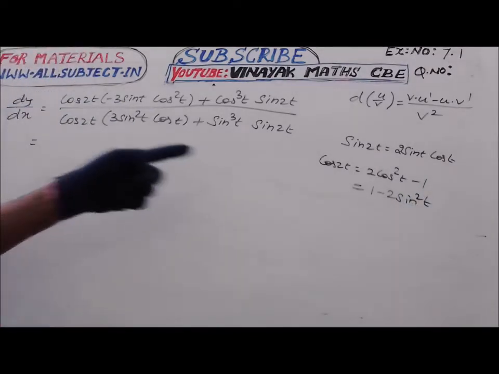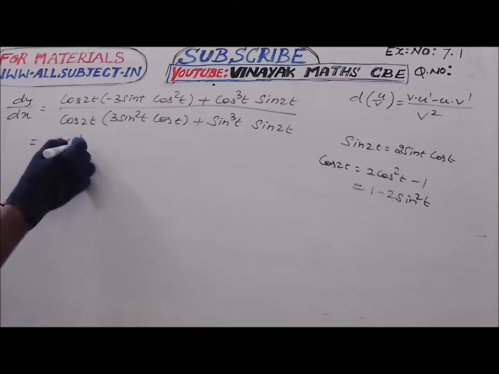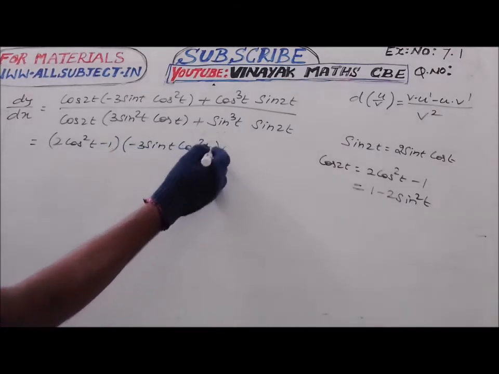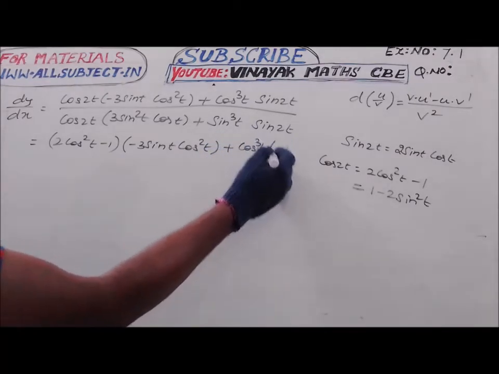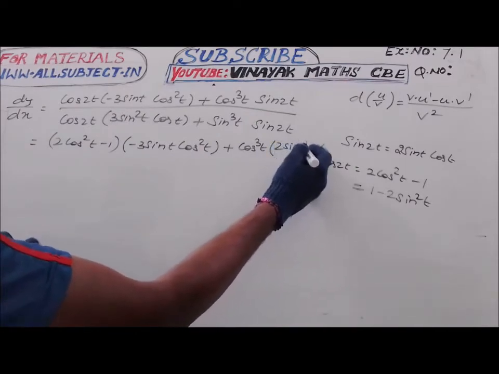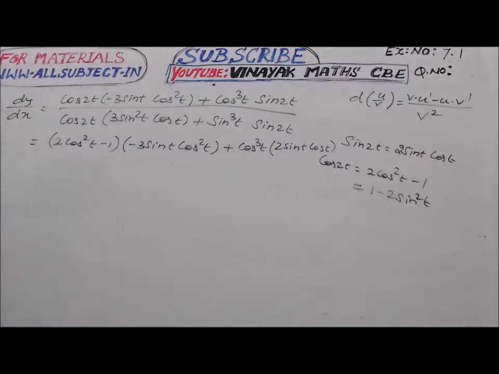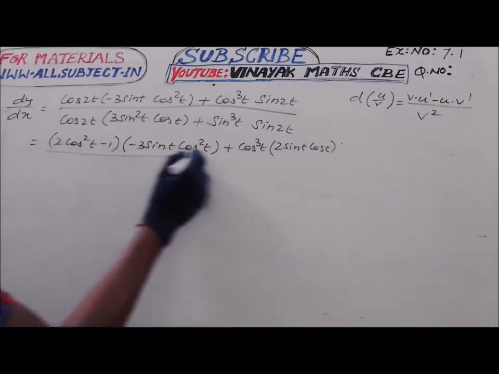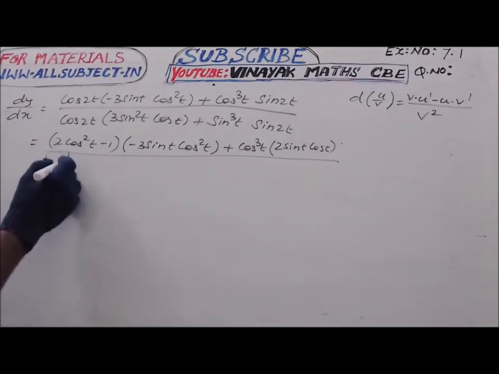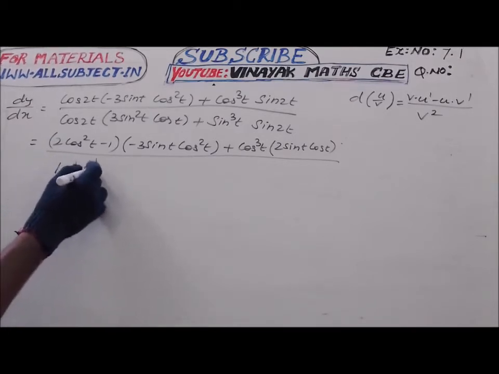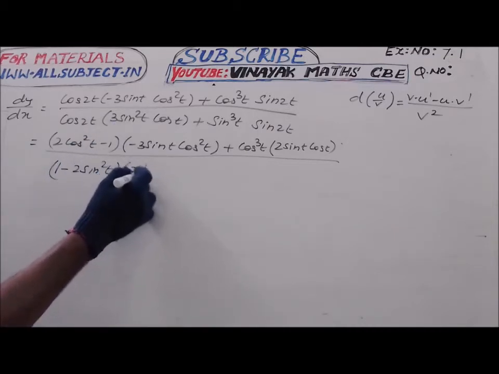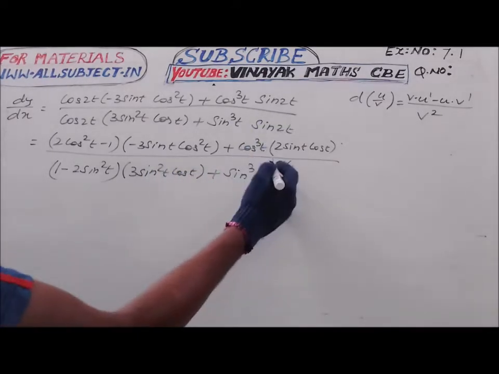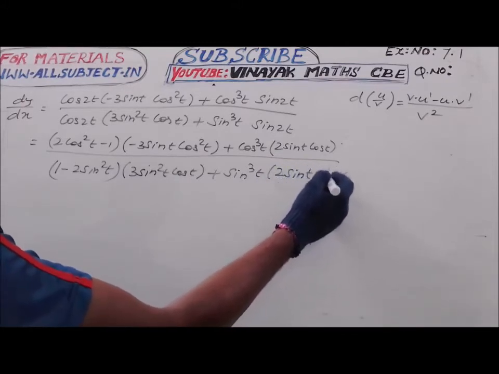Substituting in the numerator, 2 cos square t minus 1 into minus 3 sin t cos square t plus cos cube t into sin 2t as 2 sin t cos t, divided by the denominator, cos 2t equal to 1 minus 2 sin square t, into 3 sin square t cos t plus sin cube t into, again for sin 2t, 2 sin t cos t.